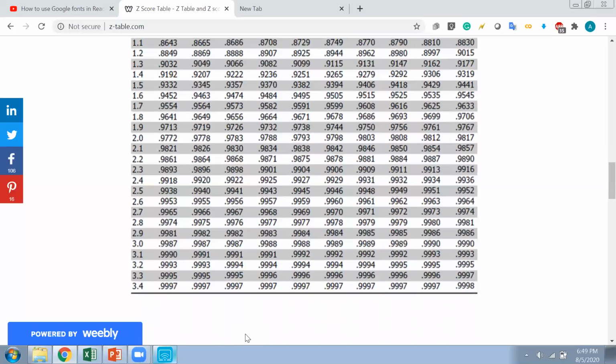Instead of this, I will find the negative of that z value. For that z value, if I find the area, that area will be equal to this area.